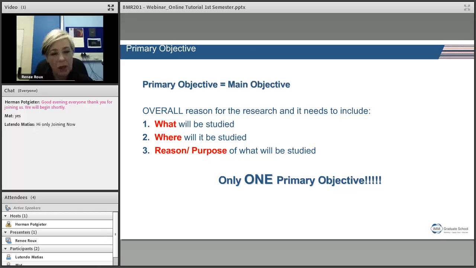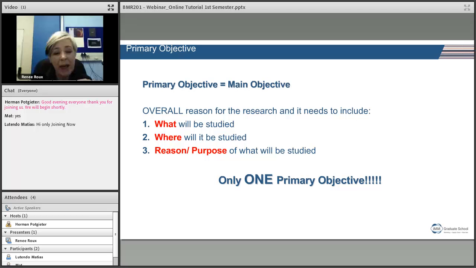So what do you try and achieve? Where will it be? In South Africa, in Gauteng only, where? And then the reason, the purpose of what you want to study. So those 3 elements are crucial when you develop your primary objective, which is the overall objective.